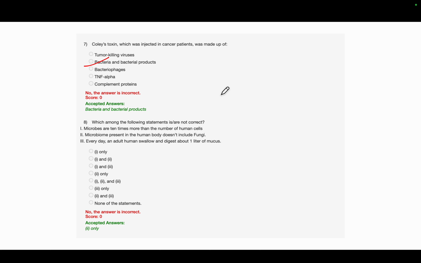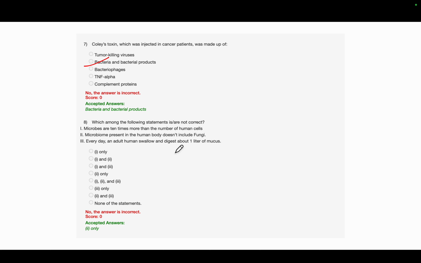Which among the following statements is not correct? Microbes are 10 times more than the number of human cells. Microbiome present in the human body does not include fungi.